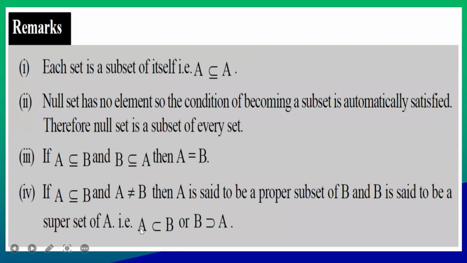So illustrative example that A is a proper subset of B. Okay, because A is less than B dahil mas maraming elements B. So A is a proper subset of B, or B is a superset of A. Okay? Kasi mas maraming laman si B kesa kay A. Pero lahat kasi elements ni A na kay B. Right?